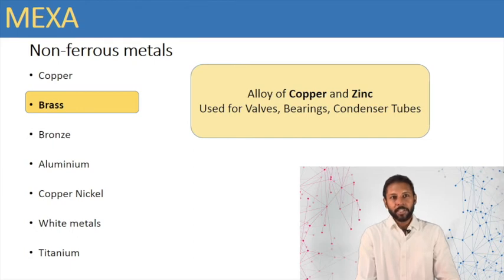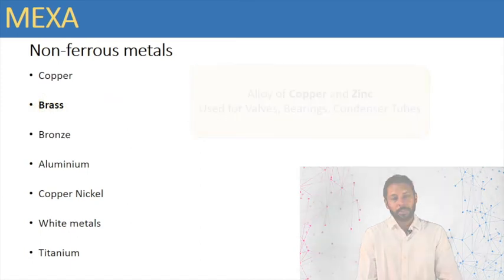To prevent dezincification, an inhibitor is added to the brass. One such inhibitor is arsenic. Brasses in marine use include valves, bearings, condenser tubes, etc. Alloying elements such as tin, aluminum, and nickel are frequently employed in improved brasses.